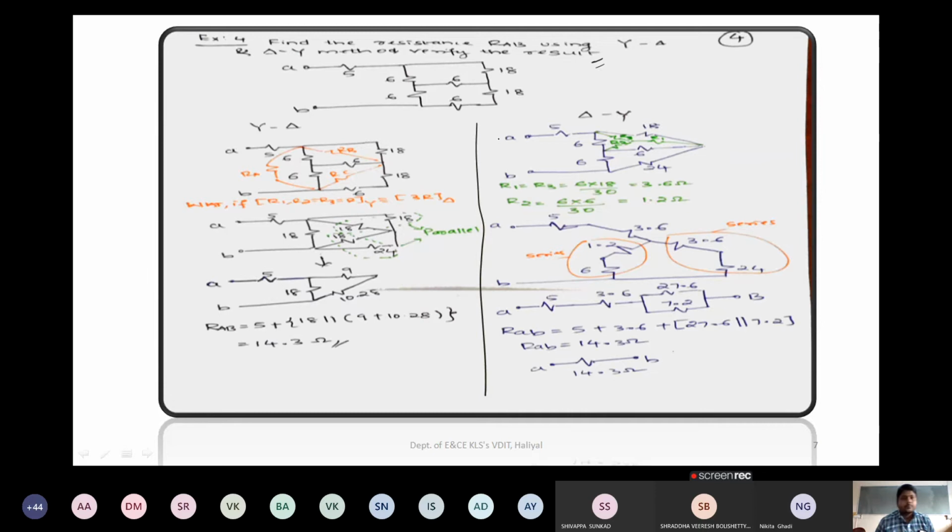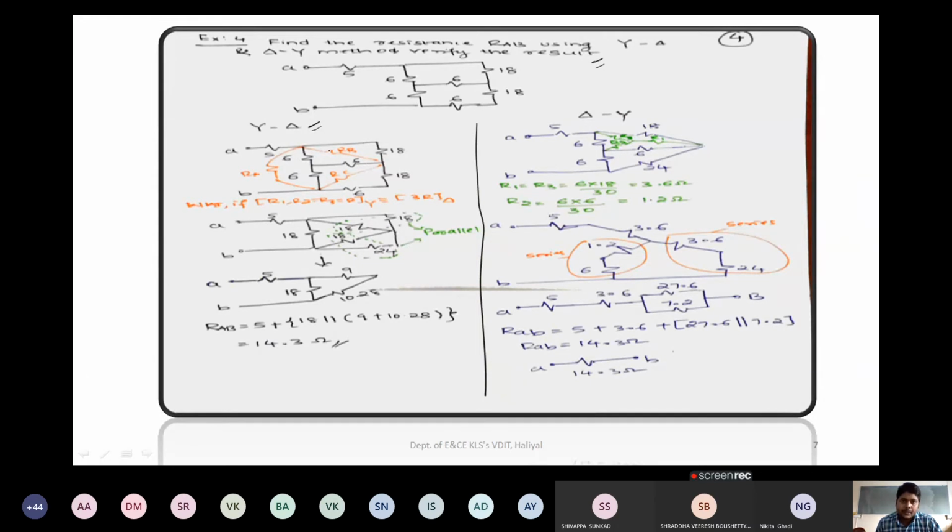So first approach, that is star to delta, I am doing. What we have is 5 ohms, 6 ohms, 6 ohms, 18 ohms, 18, 6 and 6. First you have to locate where you have the star network. We have the star network here, 6 ohms, 6 ohms and another 6 ohms.